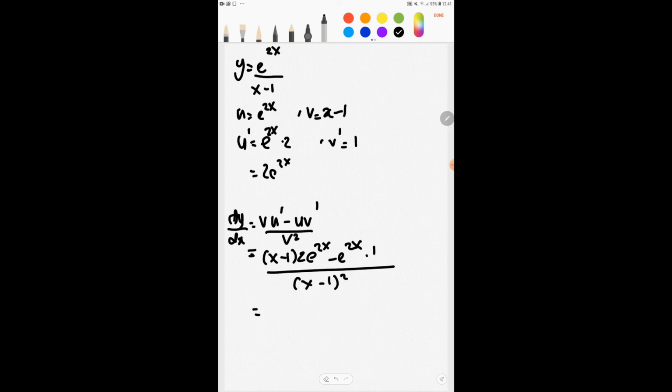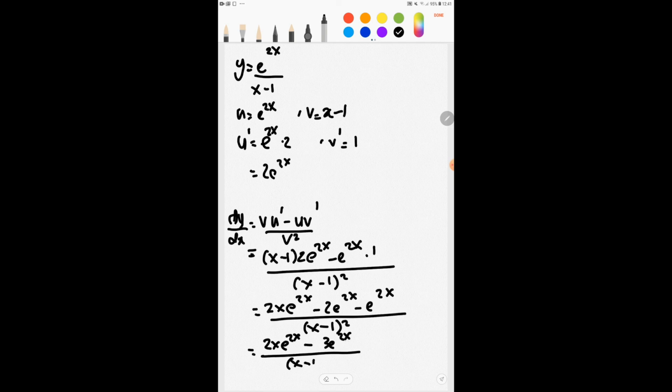If we expand the numerator, we get 2x e^(2x) minus 2e^(2x) minus e^(2x), divided by x minus 1 squared. If we combine negative 2e^(2x) minus e^(2x), it becomes negative 3e^(2x), so we can write it as 2x e^(2x) minus 3e^(2x) divided by x minus 1 squared.